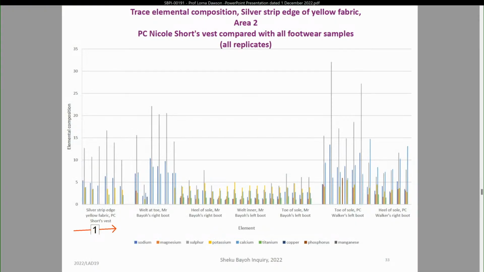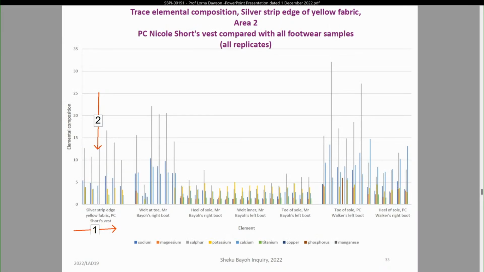It's the upper bit of the silver reflective strip. So on viewing these results, what can you tell us about Area 2 on the vest? Area 2, again, we've got one which might be termed an outlier here in the third replicate, in that it has a very restricted profile.